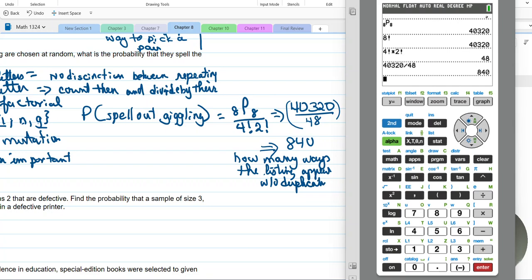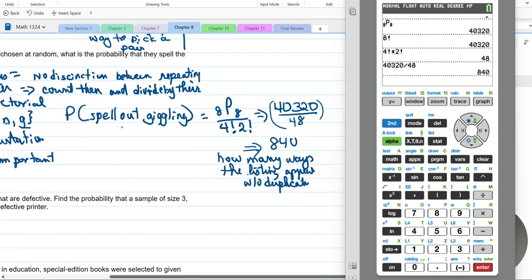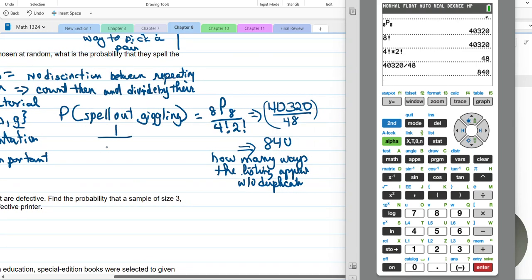All right. So now the probability is how many of giggling do we have? Well, there's only one method out of the 840. It's our probability.